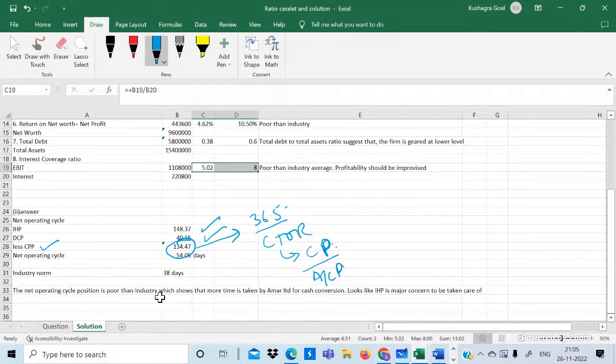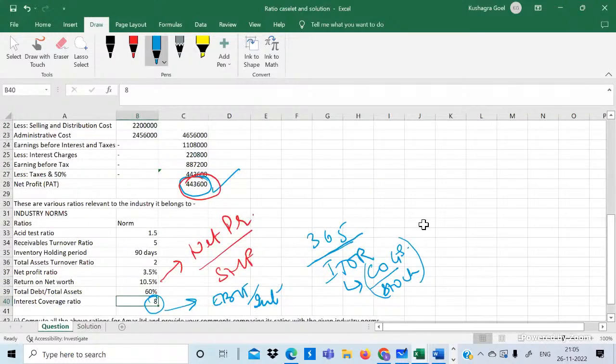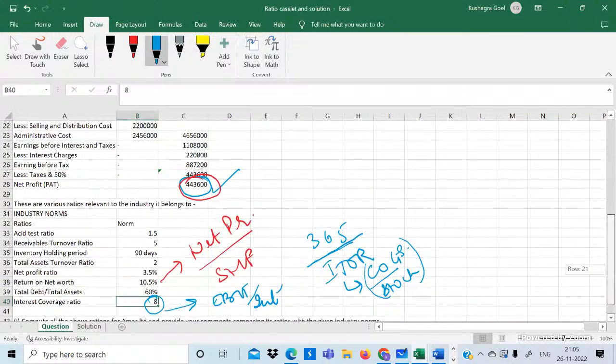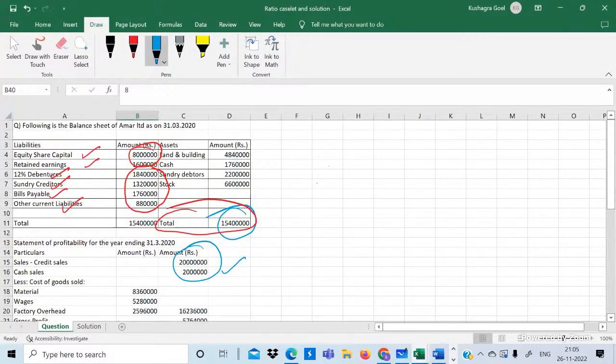So going back to the question, I need my credit purchase and I need accounts payable. Accounts payable will consist of creditors and bills payable. So I'll take both, don't just take creditors, because accounts payable consists of both creditors and bills payable.